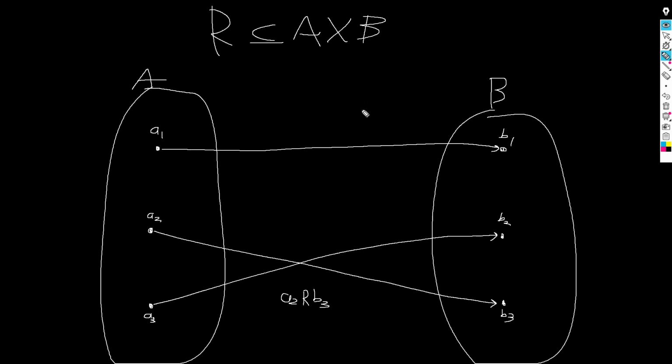For example, the domain of R here would be the set of all elements that have an edge facing away from them. And similarly, the range is the set of all elements that have an edge pointed towards them. And also, you could think of R inverse as literally just the same thing, but with all the edges reversed in direction.